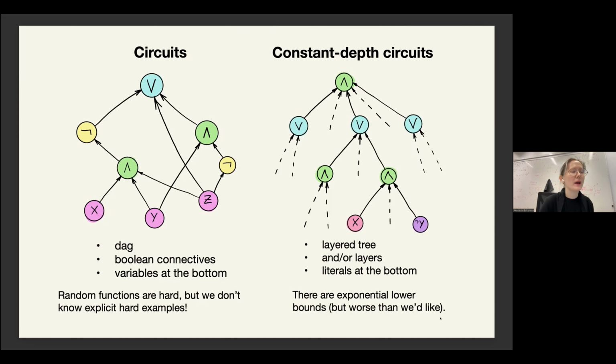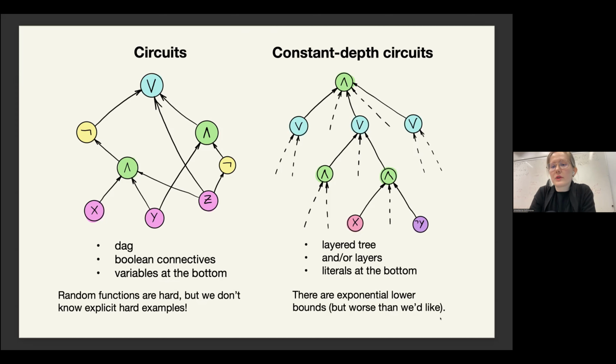Meaning that we cannot take any particular Boolean function and prove that it is hard in terms of size for the circuit. By the way, the size is just the number of vertices in this graph. The best explicit lower bound for general Boolean circuits is of order 3.1n, so linear, while ideally we would like something exponential.